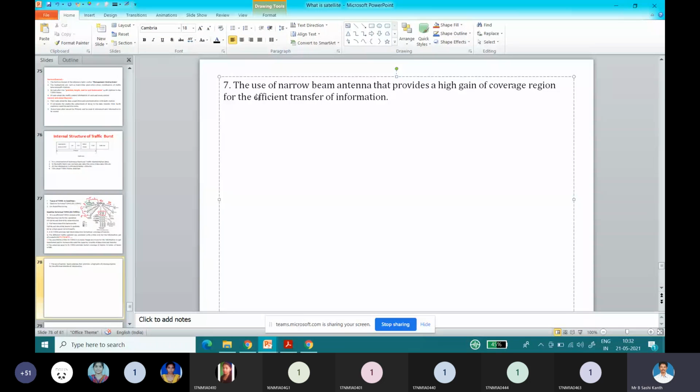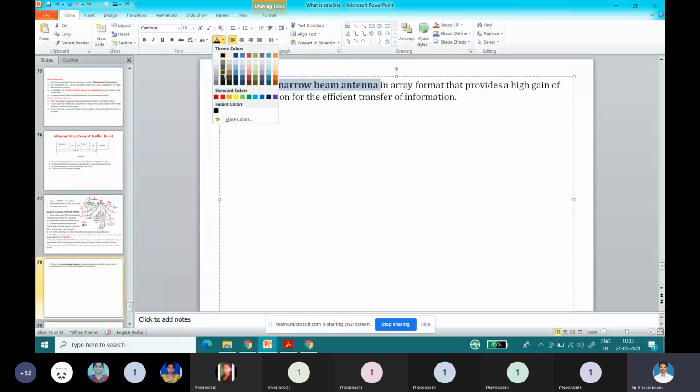So we are using narrow beam antennas in array format. Most important, the use of narrow beam antennas in array format helps us see that the information reaches with an efficient transfer. So that is what is happening in SS TDMA.